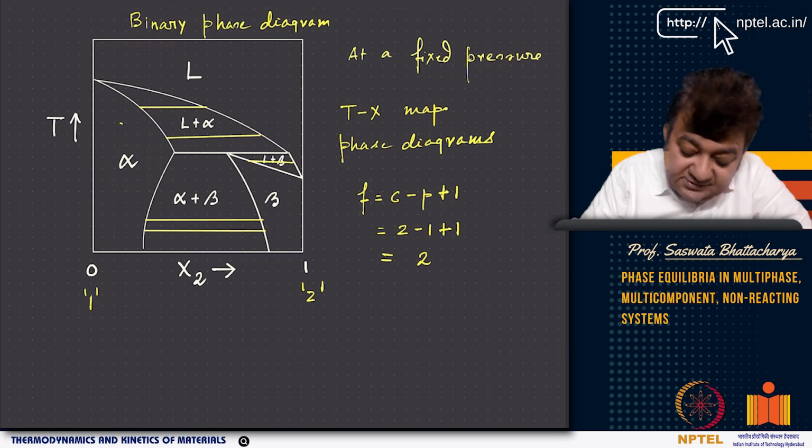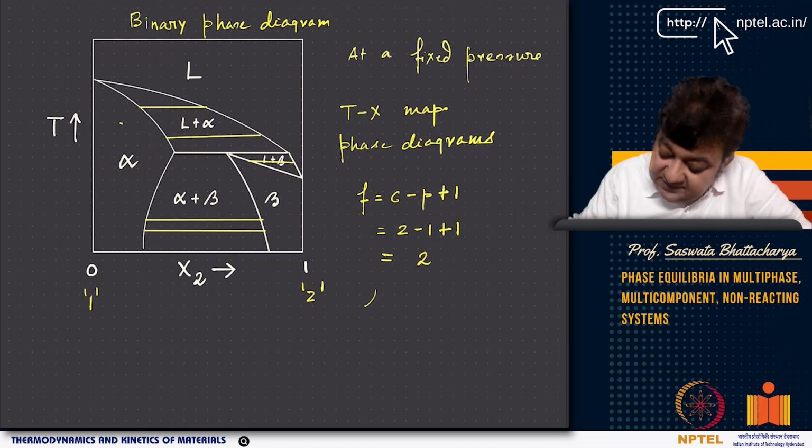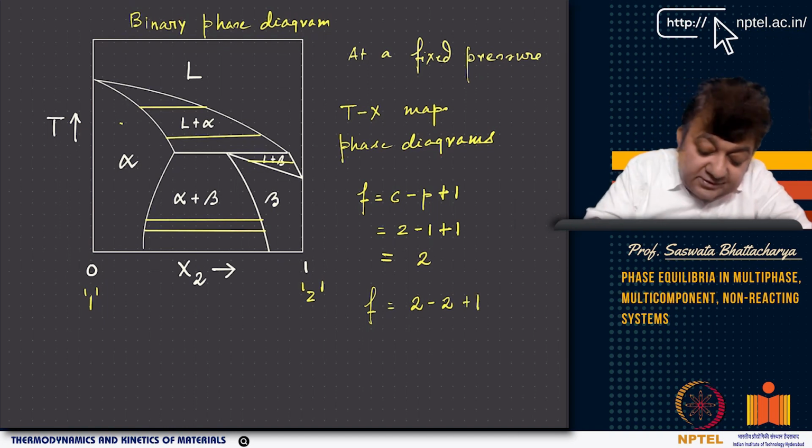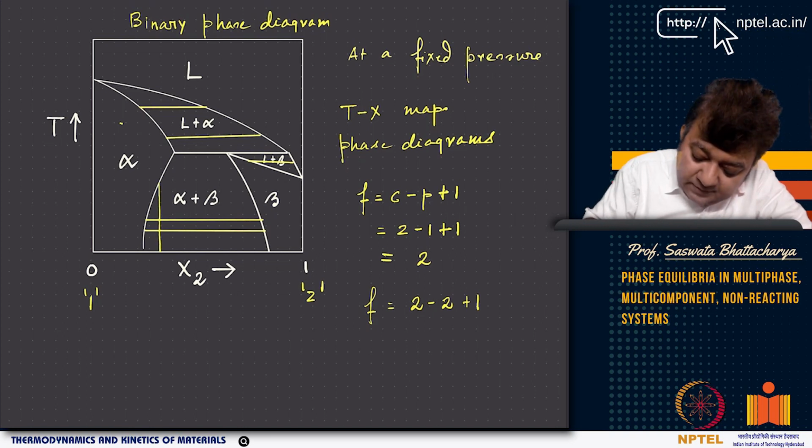In the coexistence region, you have F equals C, which is 2, minus 2, plus 1. So in the coexistence region, if I specify composition, my temperature is already fixed. If I specify temperature, then my compositions at equilibrium are already fixed.